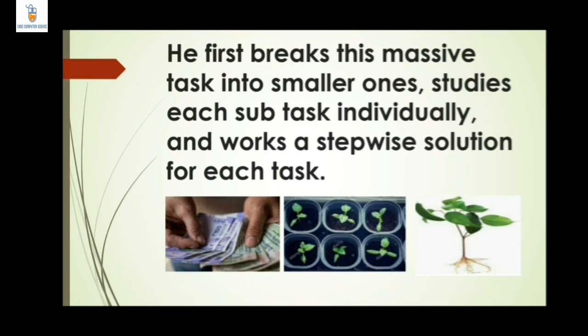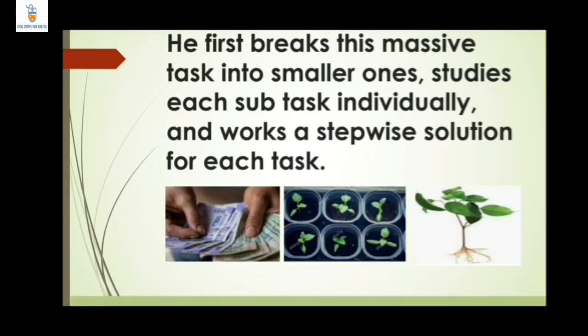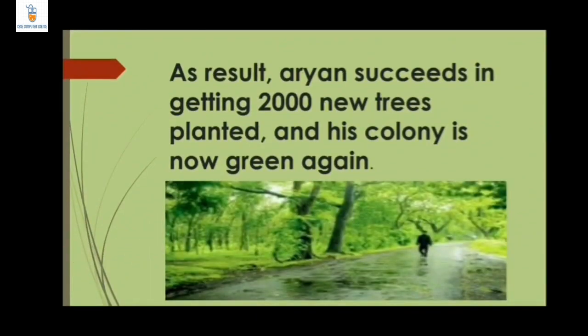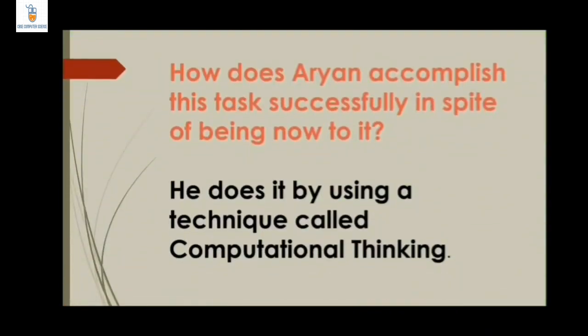As a result, Aryan succeeded in getting 2000 new trees planted and his colony is now green again. So Aryan's task became easier by dividing it into smaller parts.